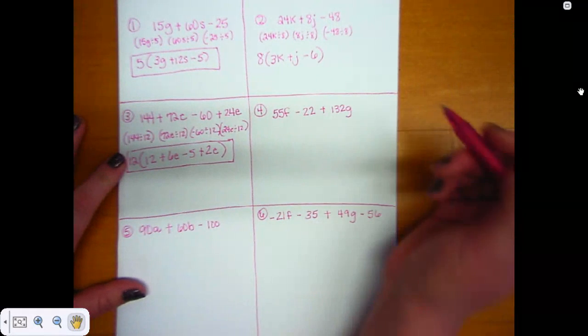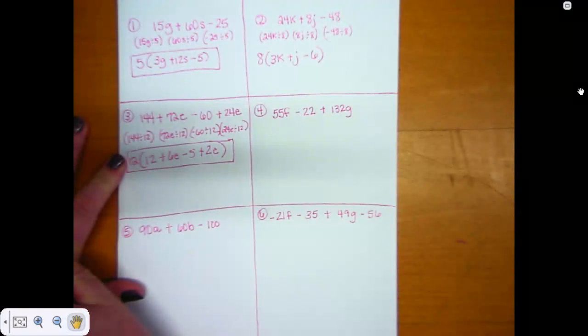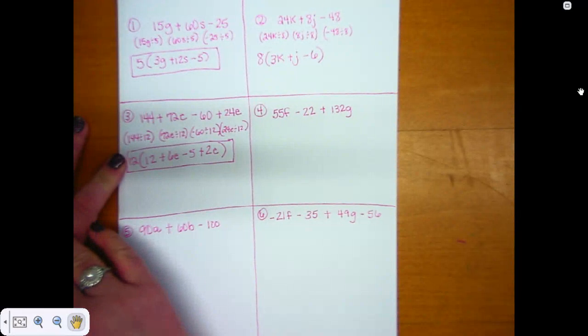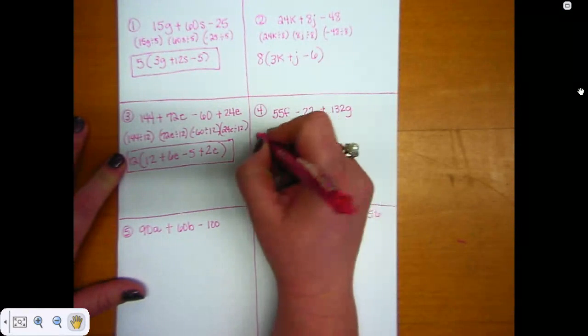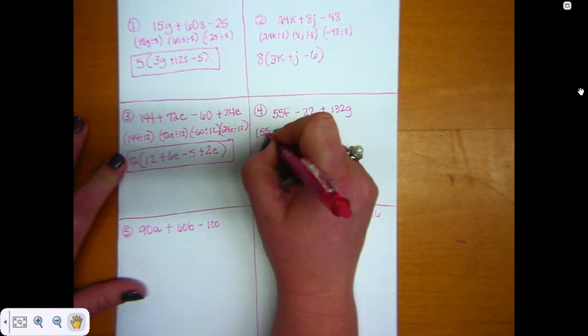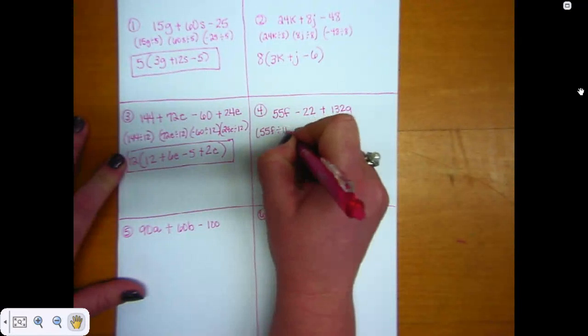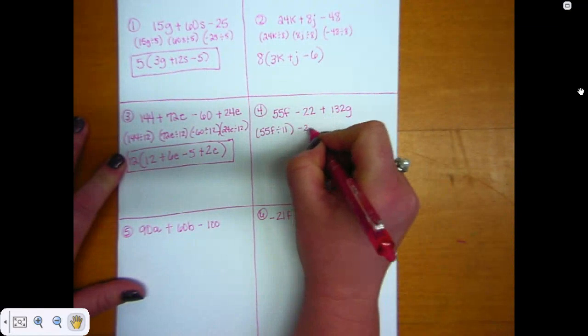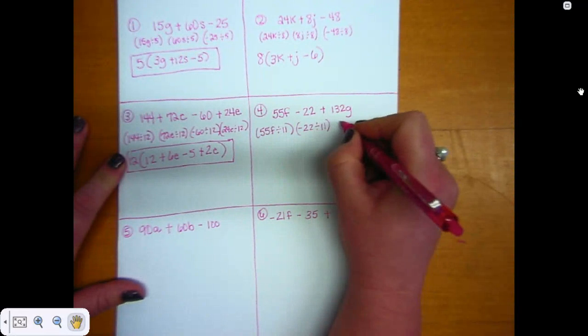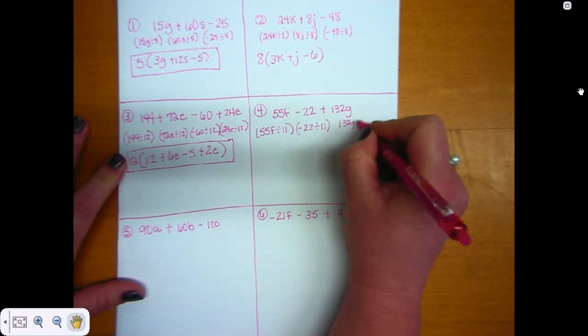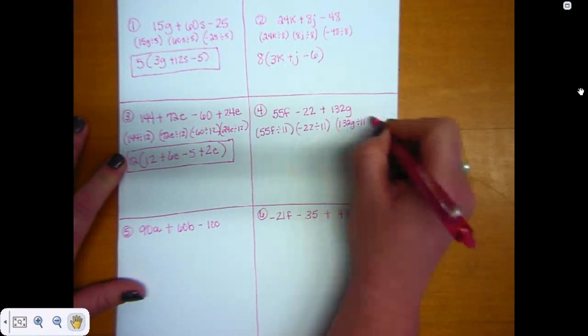Okay, number 4, we have 55f minus 22 plus 132g. I notice that these are all multiples of 11, so I'm going to use my common factor of 11. So 55f divided by 11, negative 22 divided by 11, and positive 132g divided by 11.